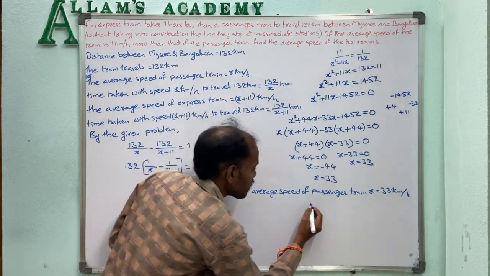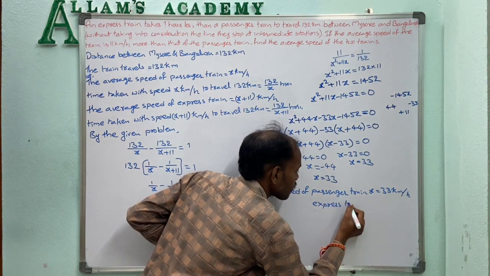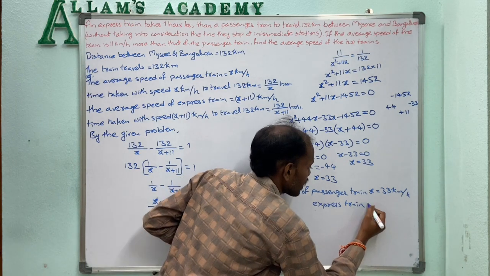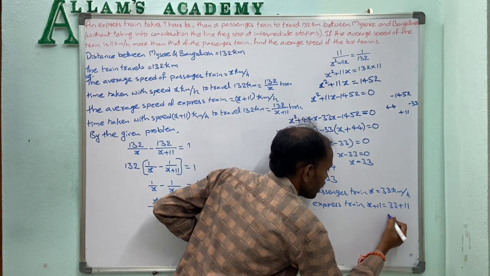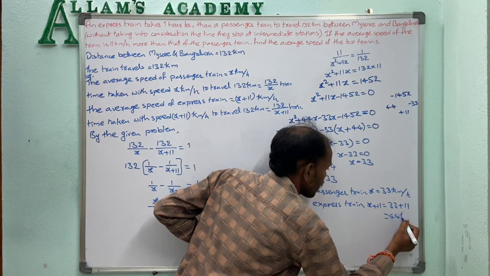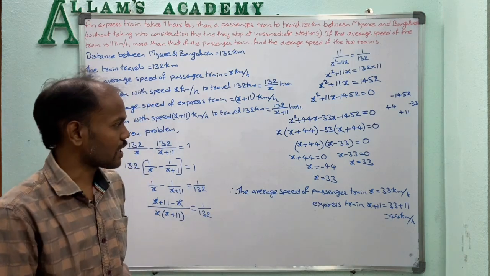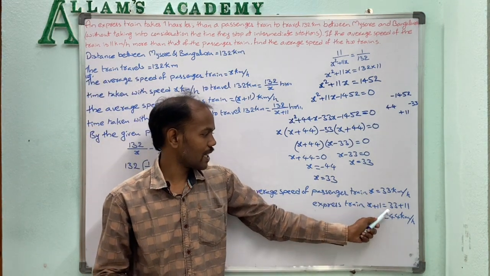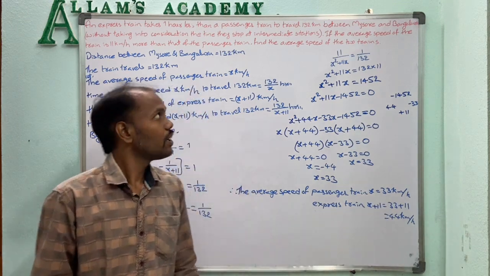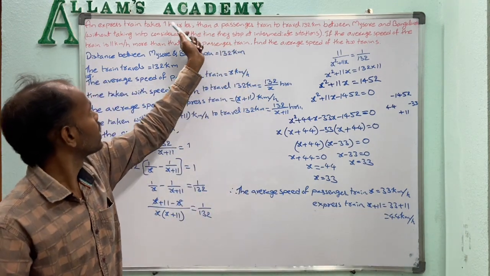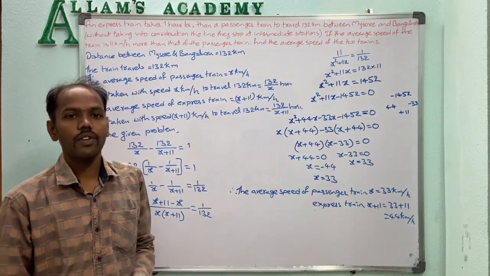The average speed of the express train, that is x plus 11, equals 33 plus 11 equals 44 kilometers per hour. So these are the speeds of the passenger and express trains. With these speeds traveling 132 kilometers, the time difference is 1 hour.